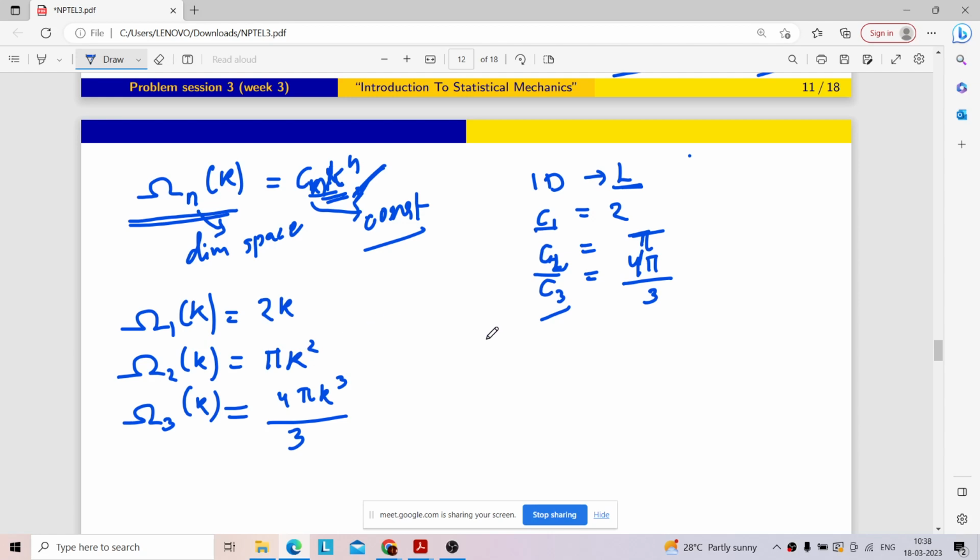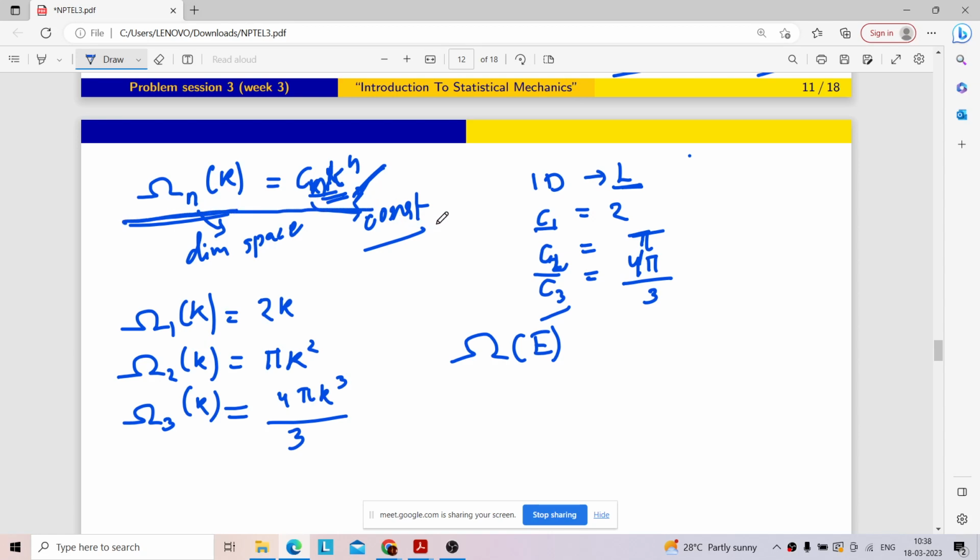Now we have to come to the energy space. From this k space, we have to come now to the energy space. Okay, we have this relation, right?